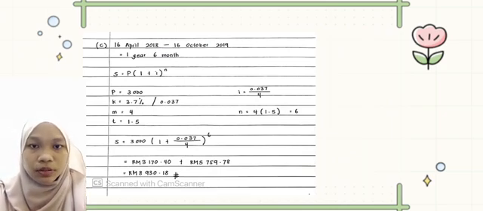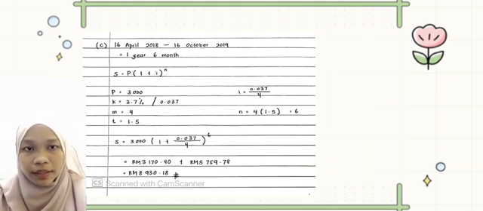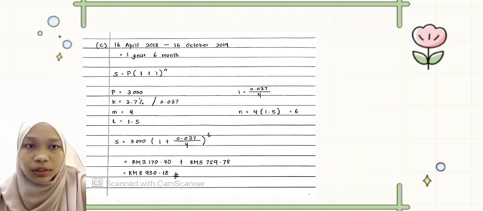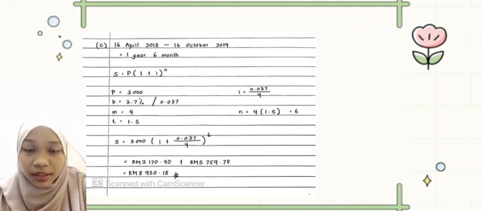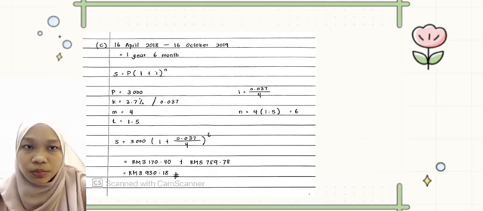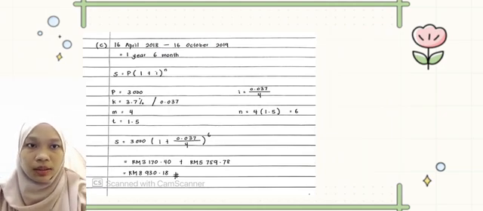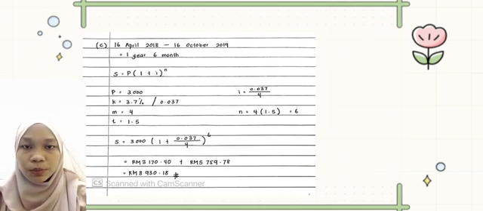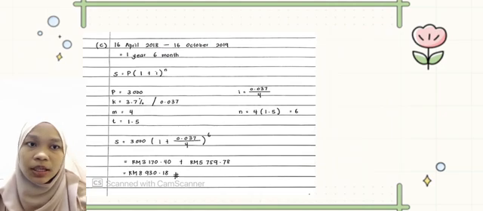Then use the compound interest formula, S equals P(1 + i)^n, where P equals 3,000, K equals 3.7%, M equals 4, T equals 1.5, i equals 0.037 divided by 4, and n equals 4 multiplied by 1.5, which is 6. Substituting into the formula, S equals 3,000(1 + 0.037/4)^6, and the final amount becomes 3,170 ringgit and 40 cents.